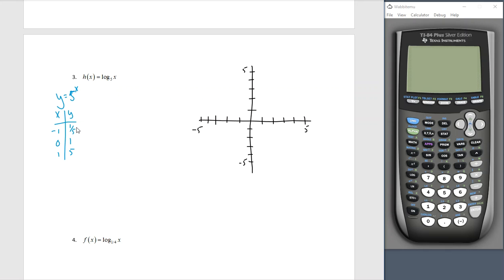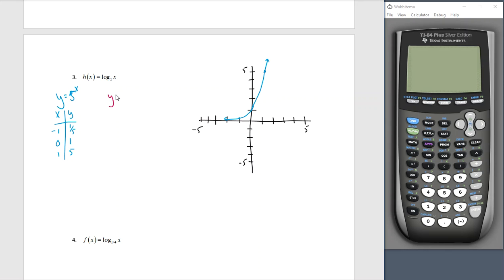Notice it's the reciprocal of the base, 1, and the base. So at -1 we have 1/5, super low, then 0, 1, and 1, 5. Notice how this graph gets a lot steeper a lot more quickly than that base of 3. The higher the base is, the steeper this graph is going to be.